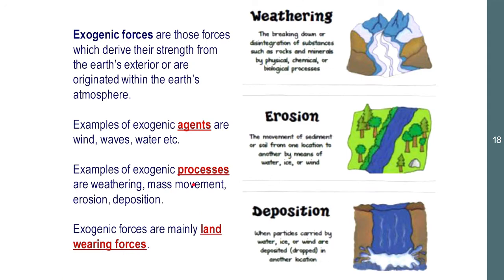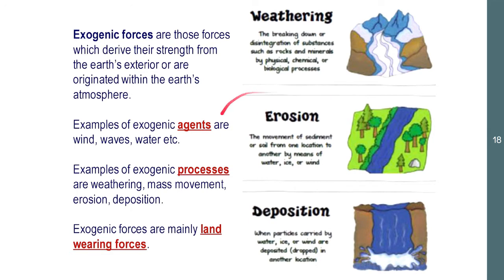So together, these three are the major exogenic forces that affect and break down landforms. Weathering is the physical breakdown of substances such as rocks and minerals through physical, chemical, or biological processes. Once the rocks have been broken down, they can be transported to a new location.